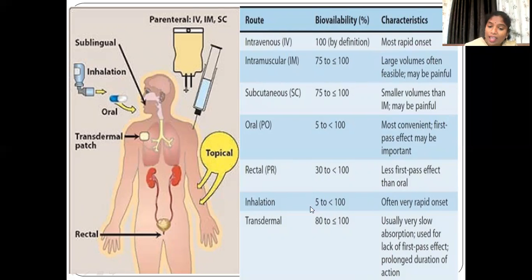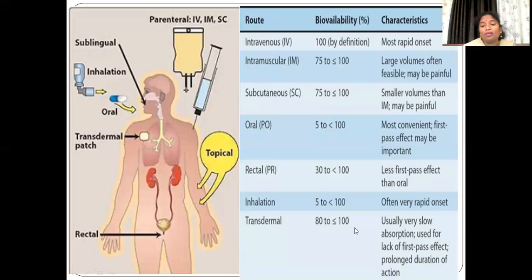But with inhalation, while inhaling the drug, some amount of the drug can escape into the air. But it still shows very rapid onset of action.